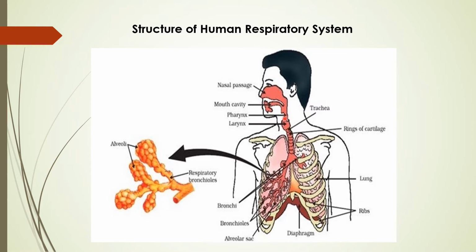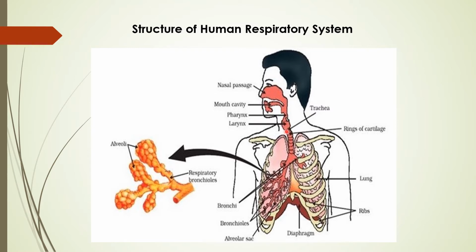The larynx is located in the neck region, in front of the trachea, and it is also meant for producing sound, which you know very well. After that there is the windpipe, which is known as the trachea. The air passes from the pharynx and goes into the trachea.